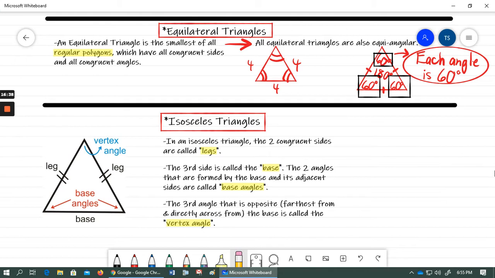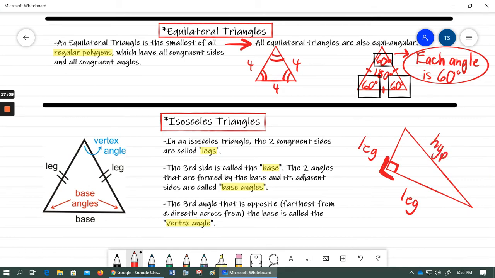Folks, don't get that confused with when we talked about right triangles, and I know that looks very sloppy. When we talked about right triangles, the two sides of a right triangle that form the right angle were referred to as legs, and the third, longest side of the right triangle was called the hypotenuse.